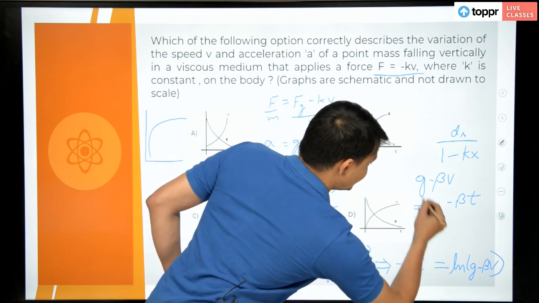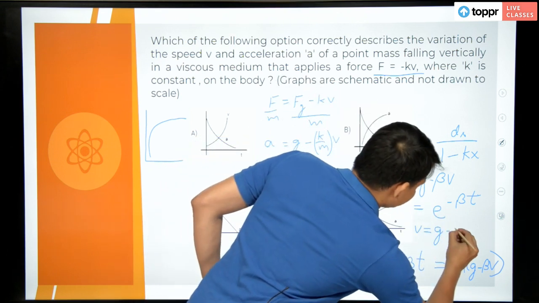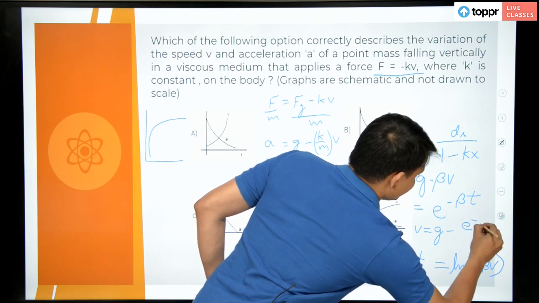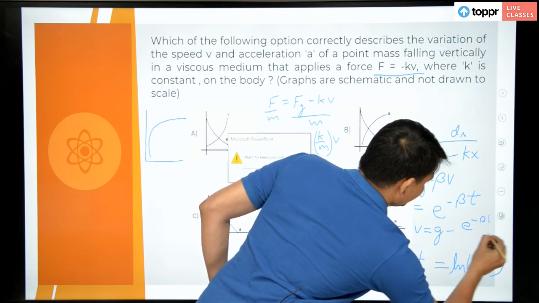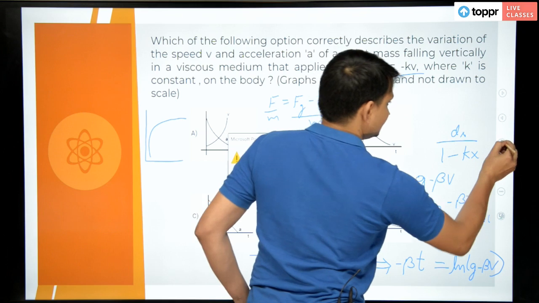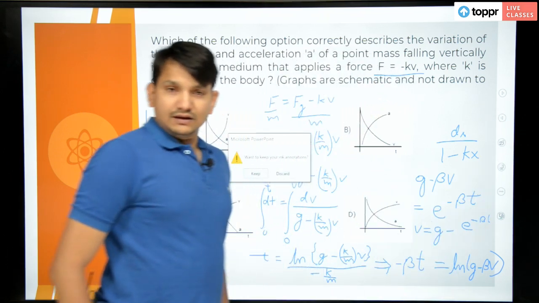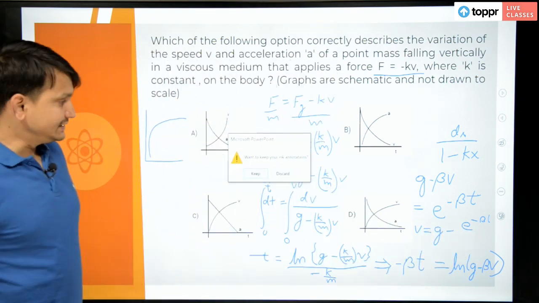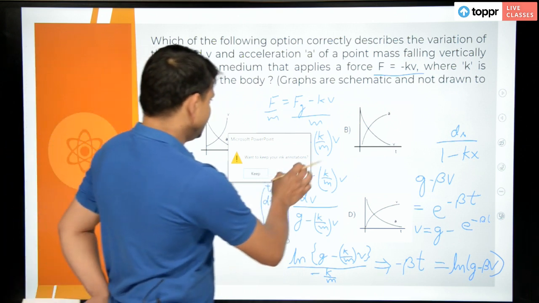V is equal to G minus e to the power minus beta t, the whole divided by beta. What is happening here?